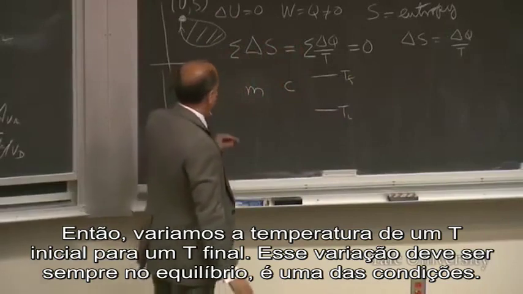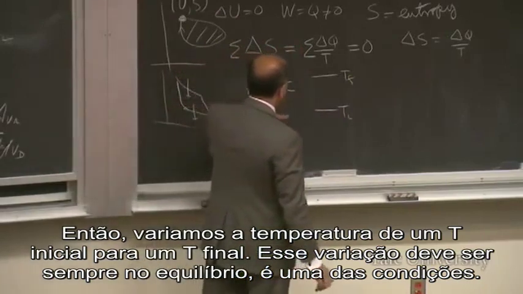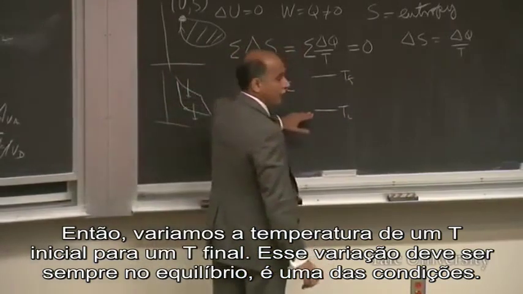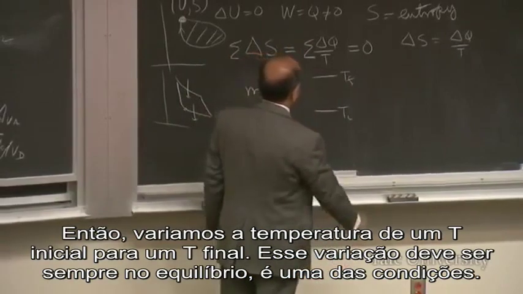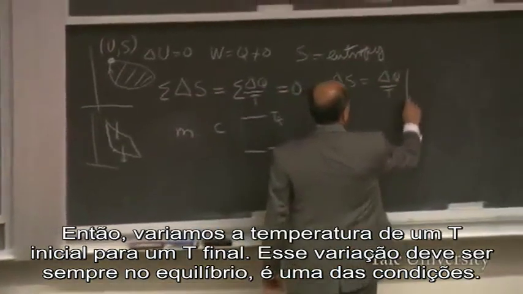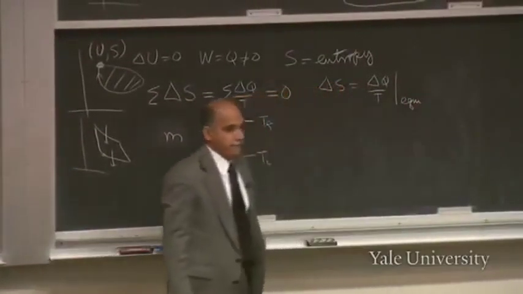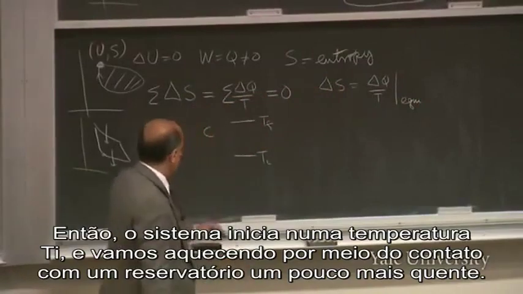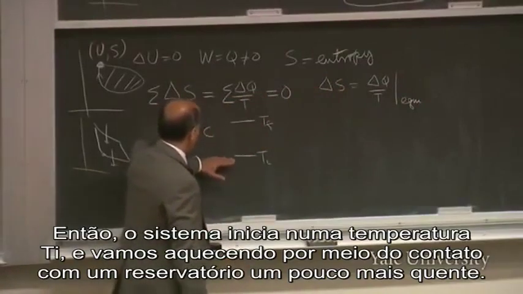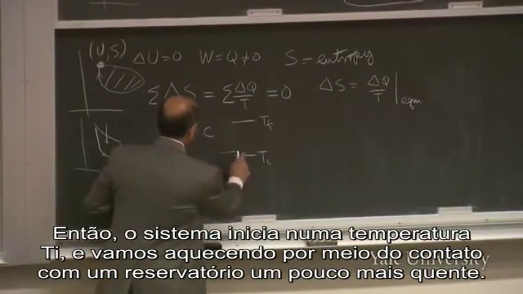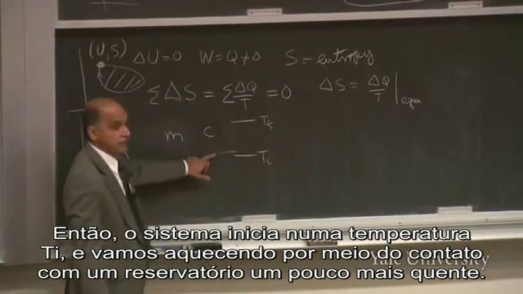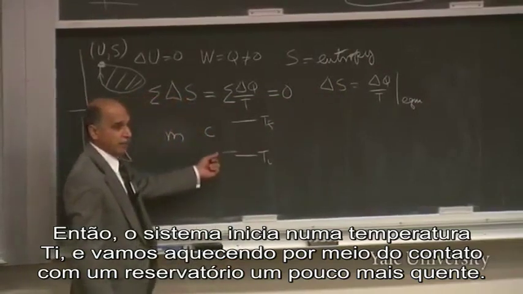I do that by starting the system at T initial, and I should never be far from equilibrium. That's one of the conditions on this. In fact, you can say it should be always near equilibrium. So the system starts at temperature T initial. I put it on a heat bath, which is infinitesimally warmer than this. Then I let it heat up to that point.